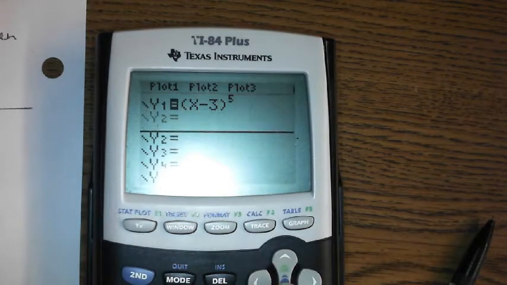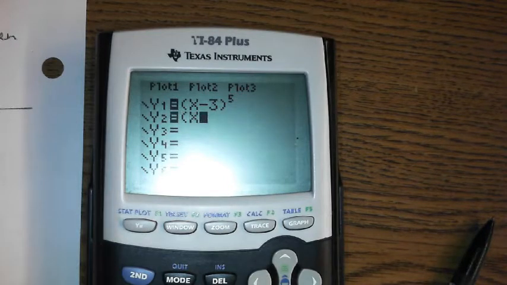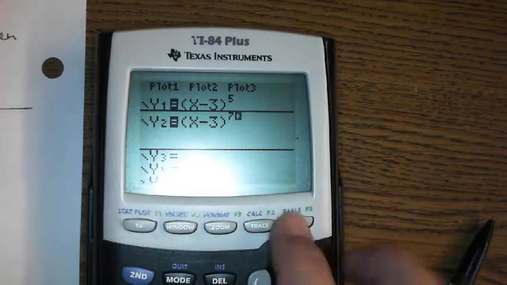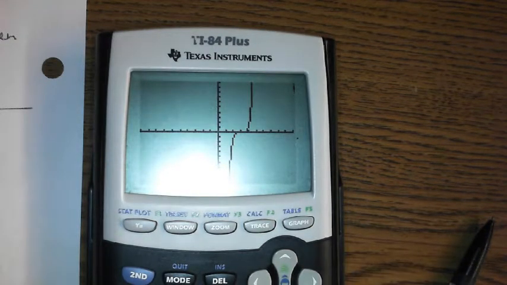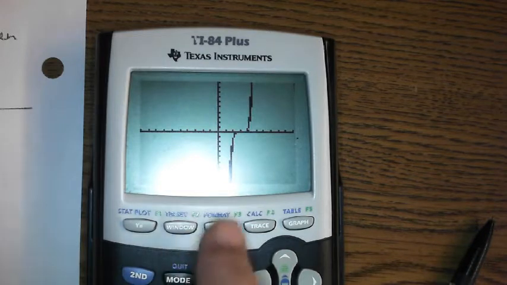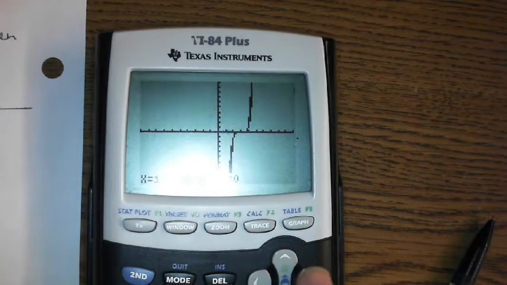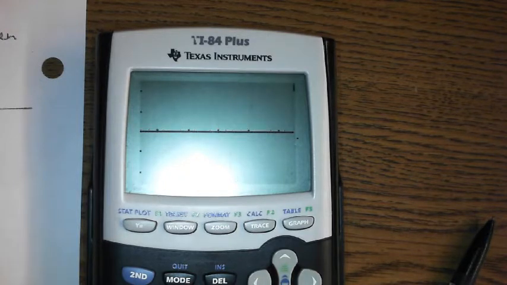If I do x minus 3 and make it a 7th root and graph that, it's just going to get a little bit flatter. So if I zoom in, you'll see it. Get over here, zoom in. I'm going to zoom in twice. There's the 5th root.